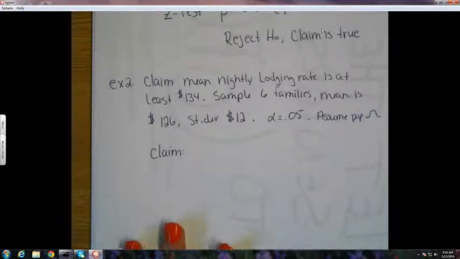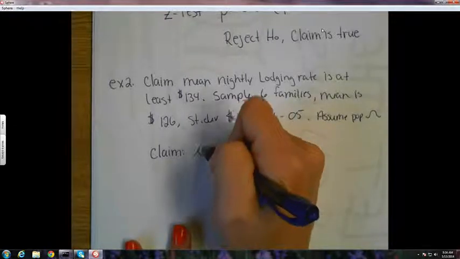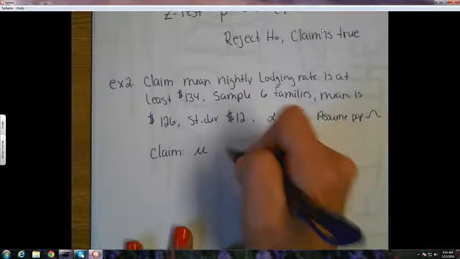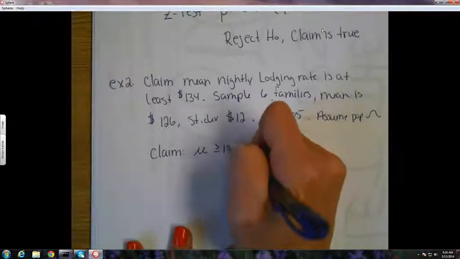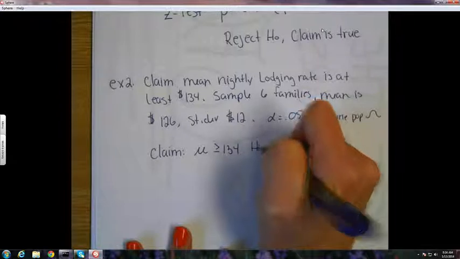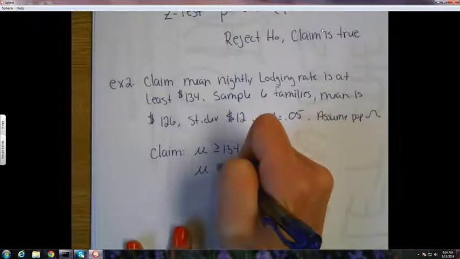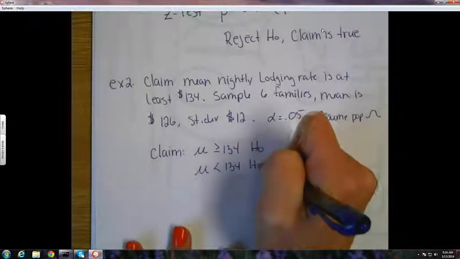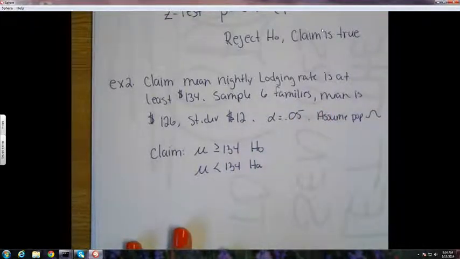Okay, claim is that the mean is at least $134, greater than or equal to, which makes that the Ho. Less than 134 will be the Ha. Now t-test.